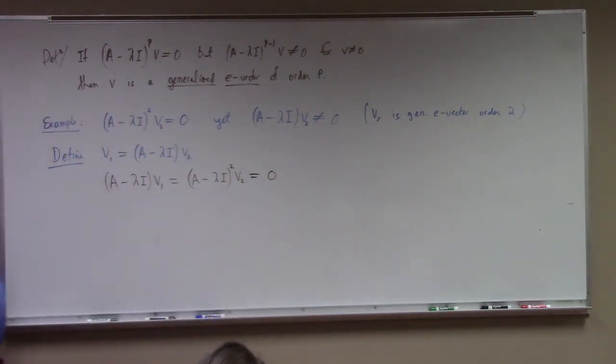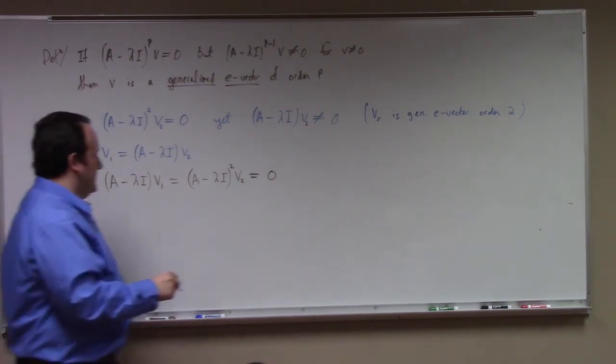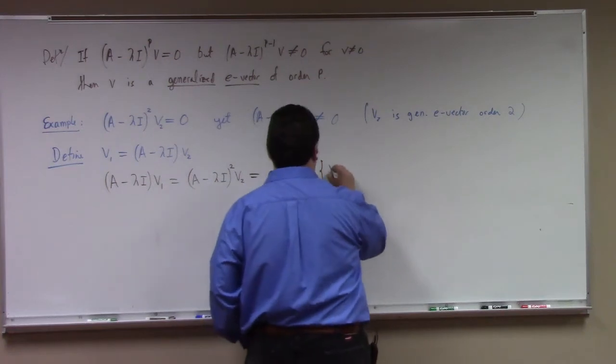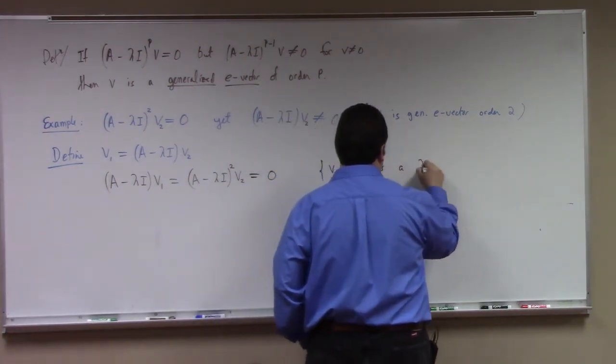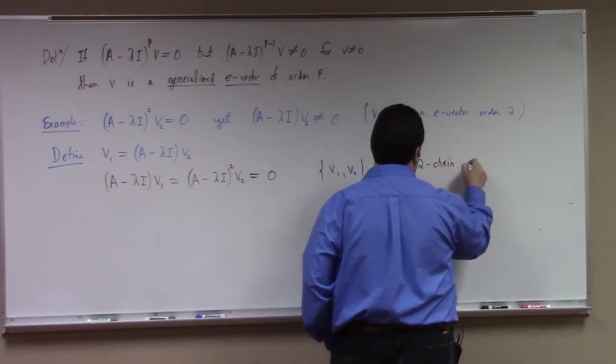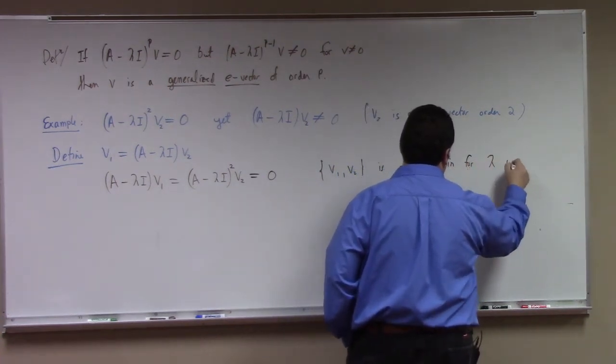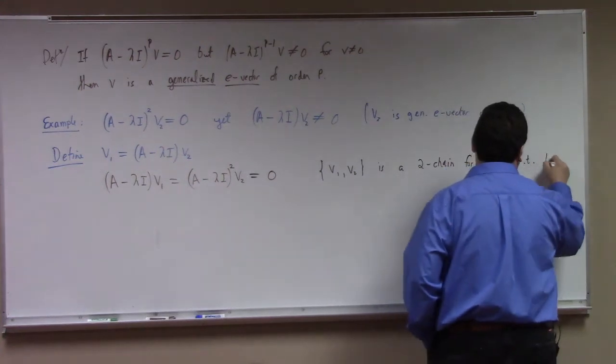Which proves that v1 is an eigenvector. So if I have a generalized eigenvector of order 2, I automatically get an eigenvector from that? Yes, indeed. Pretty neat. So this thing here, v1, v2, is a 2-chain for lambda with respect to A.